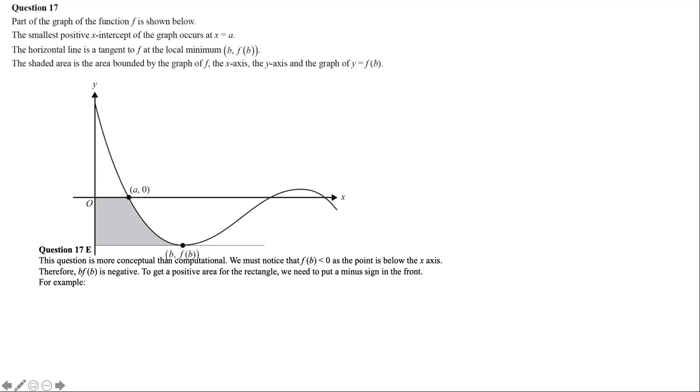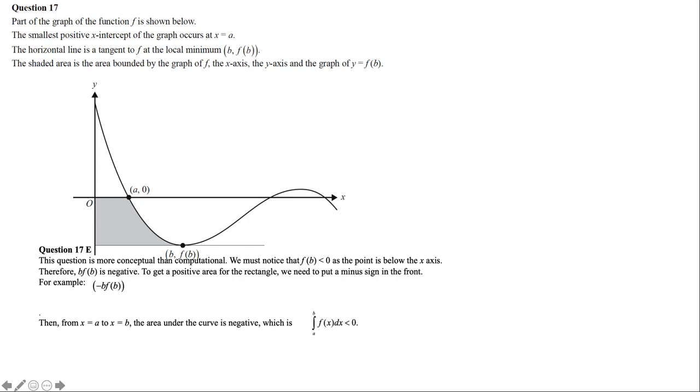b times f of b gives you the area of the rectangle here. It is a negative area. To compensate for the negative, you have to put another negative in front of it. And then from A to B, this bit is a negative area.